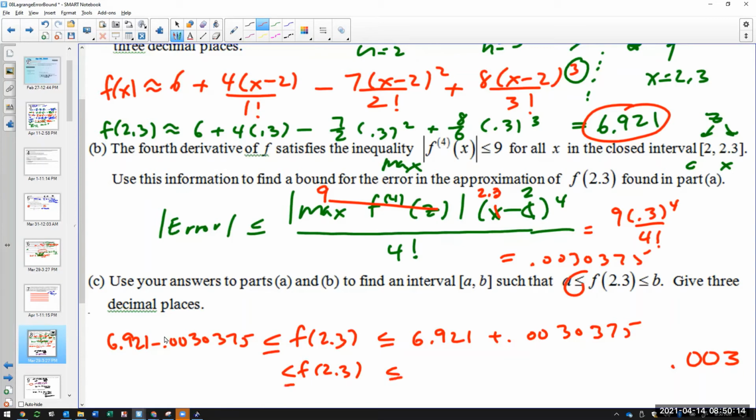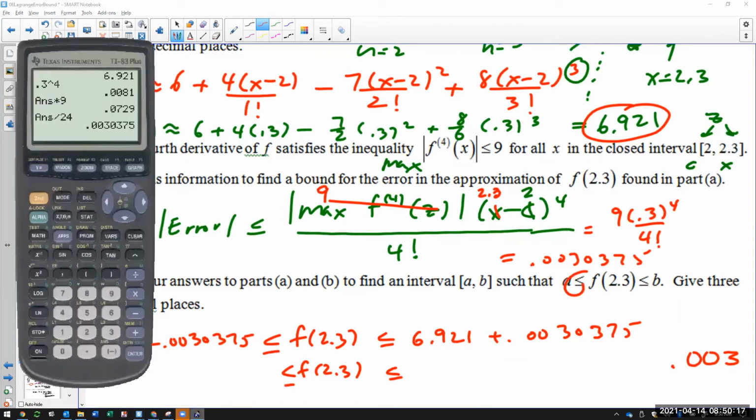Okay, so this sits between these two numbers, and you can put this in your calculator. 6.921 plus this number, which would be 6.924 on this side, or if you subtract it, 6.921 minus this number. Oh man, this calculator doesn't do it. Okay, forget it. That's because I bought this one on sale.